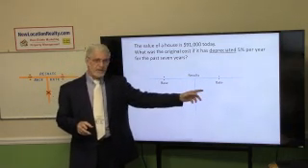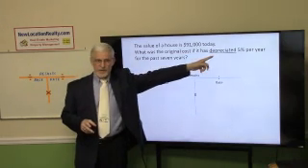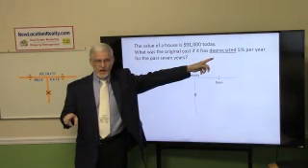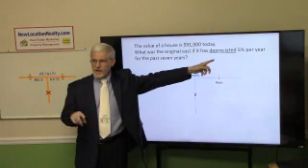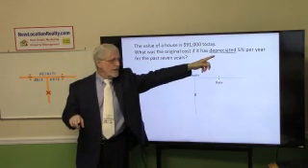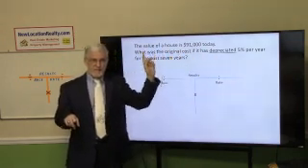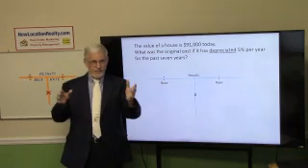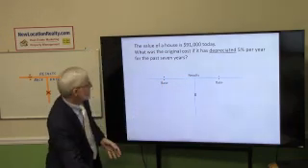So instead of 100, we got to depreciate. What you think that means? Take some money off. How much you think we need to take off? 5 times 7. Put that in the parenthesis.